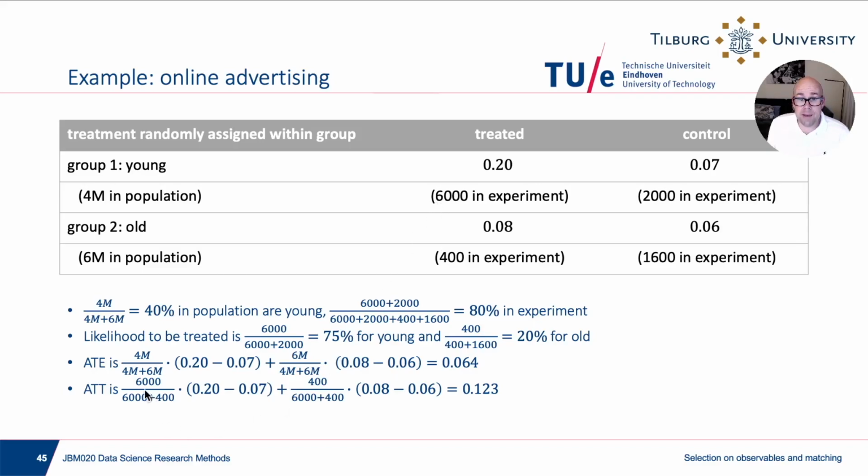So that means I have to multiply the treatment effect for the young with the number 6,000 divided by 6,000 plus 400. And then I have to also add 400 divided by 6,000 plus 400 times the treatment effect for old people. And this gives together an average treatment effect on the treated of a positive change of 12.3 percentage points.